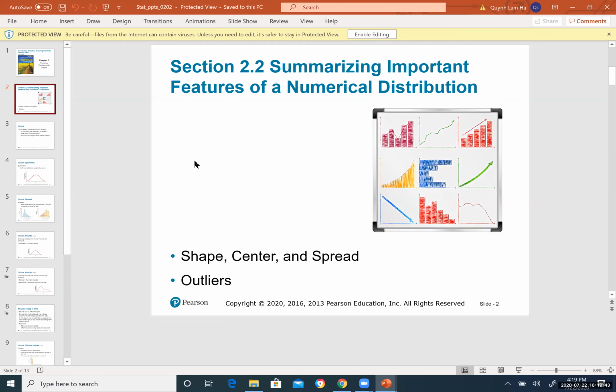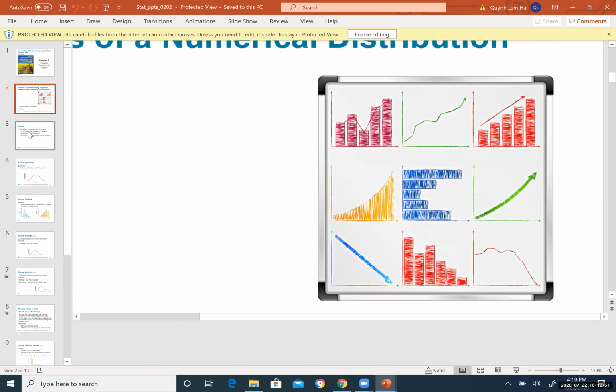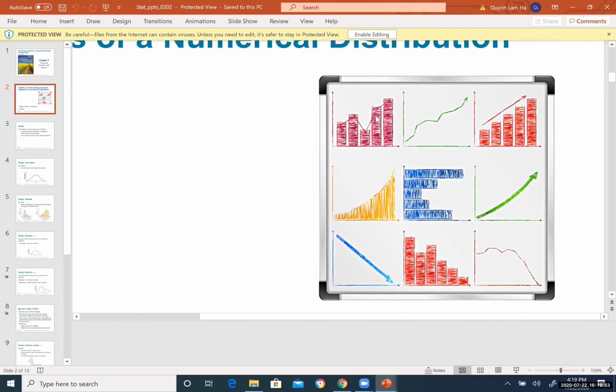So let me go back to the shape of the picture. You see it here? For this picture, they combine two types of graph, right? Maybe a bar graph combined with a time series graph, but you're not learning time series right now. If you want to read more, you can read more in the textbook. But I would like you to focus only on three graphs: dot plot, stem plot, and histogram.